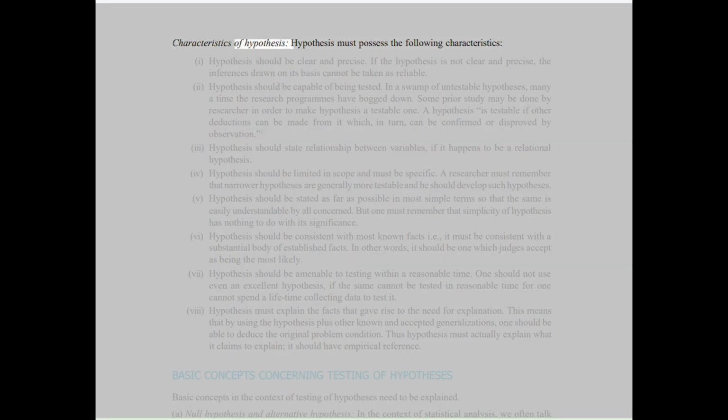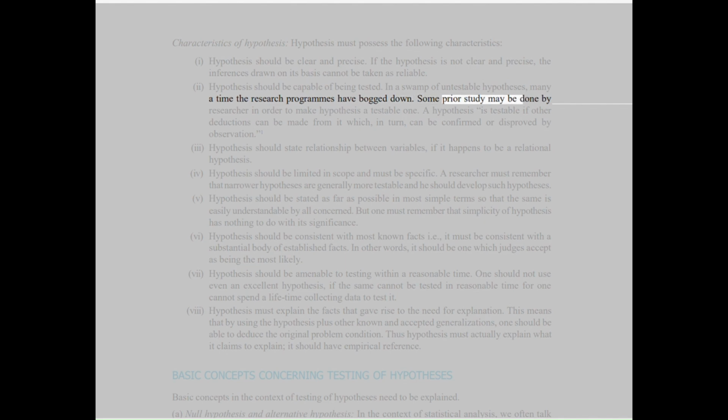Characteristics of hypothesis. Hypothesis must possess the following characteristics. 1. Hypothesis should be clear and precise. If the hypothesis is not clear and precise, the inferences drawn on its basis cannot be taken as reliable. 2. Hypothesis should be capable of being tested. In a swamp of untestable hypotheses, many a time the research programs have bogged down.